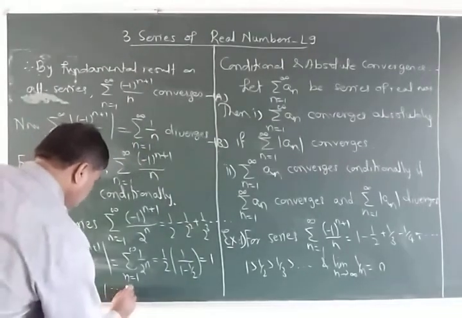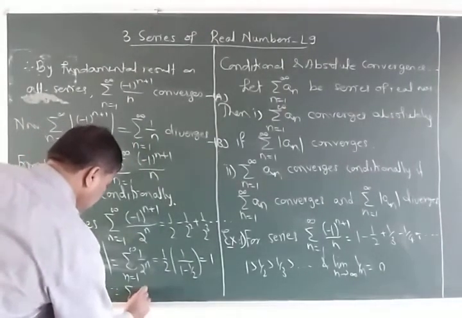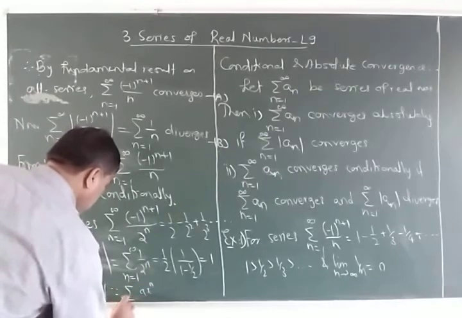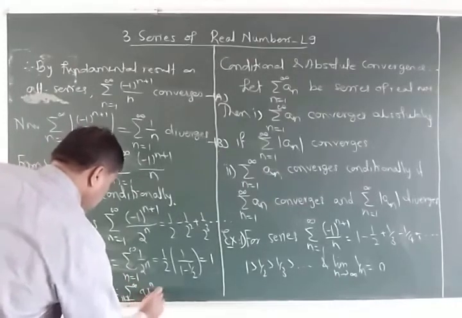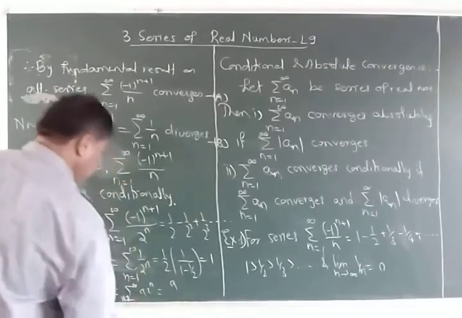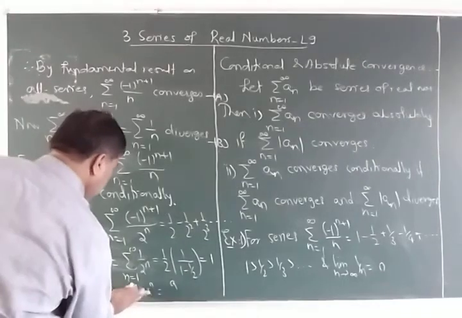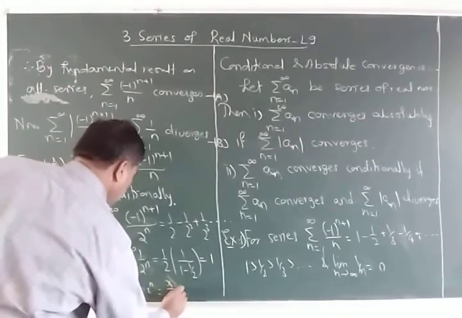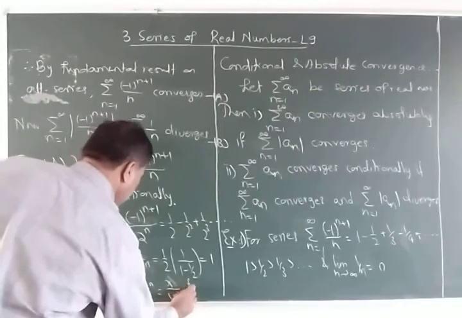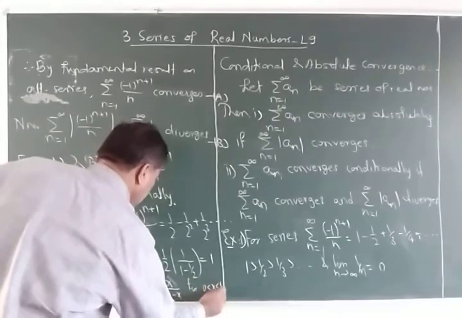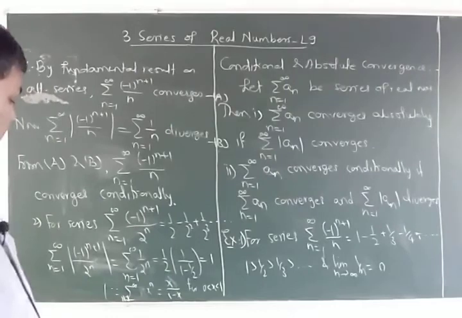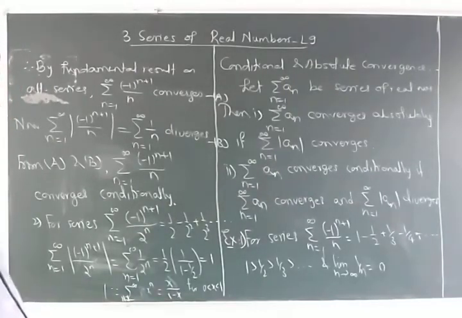Since summation of x raised to n, n equal to 1 to infinity, is x upon 1 minus x for 0 less than x less than 1. So it is 1.